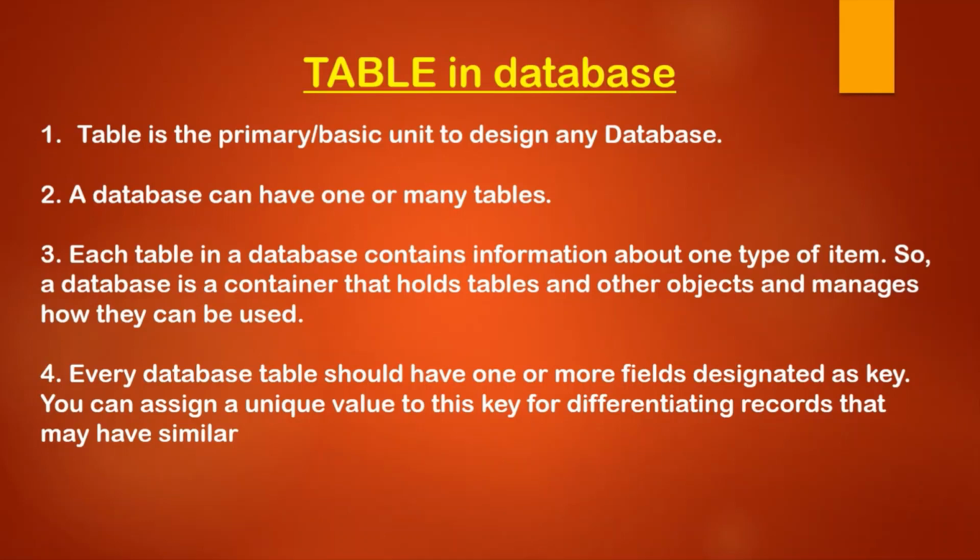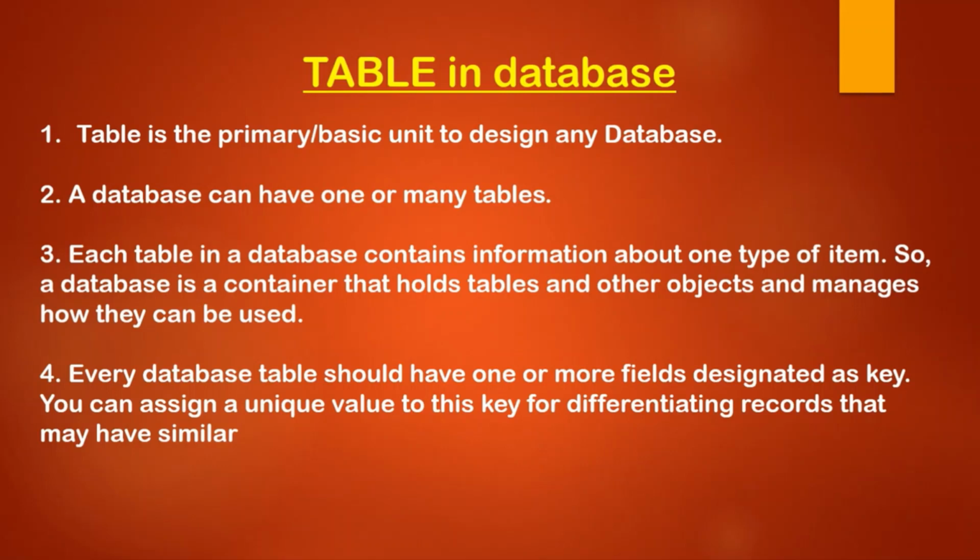See, table, as we all know, is the combination of rows and columns, but it is the primary and basic unit to design any database. जैसा हम सभी जानते हैं, जिस भी तरह का database आप store कीजिए या create कीजिए, you are storing the content in a tabular format only.